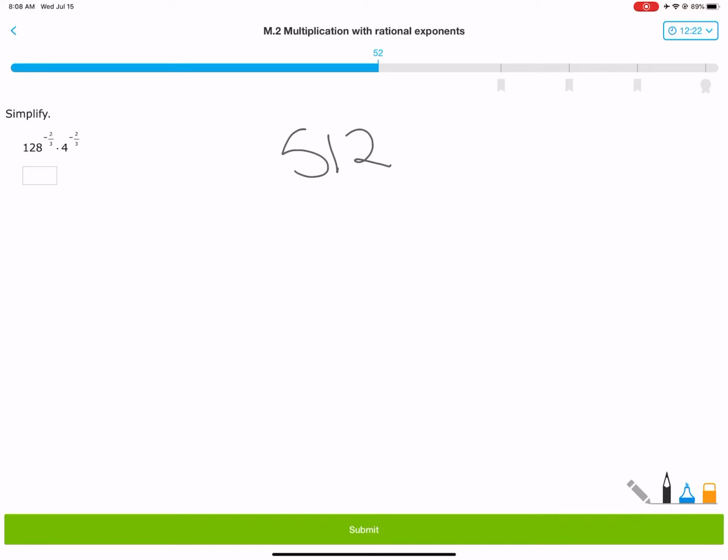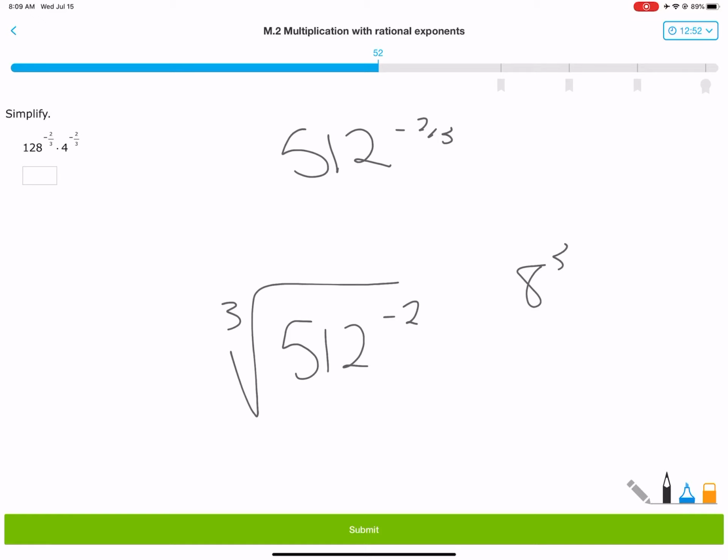512 to the negative 2/3 power. That means we're going to do the third root of 512 to the negative 2nd power. Third root of 512, so if we do 8 to the 3rd power, that is 512.